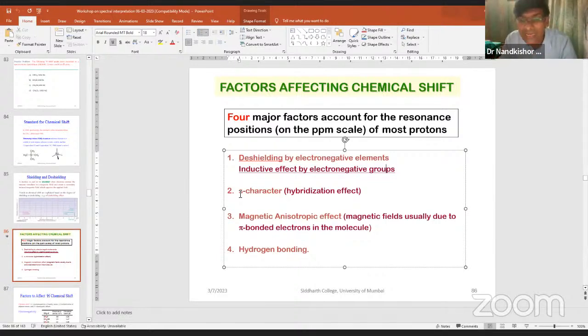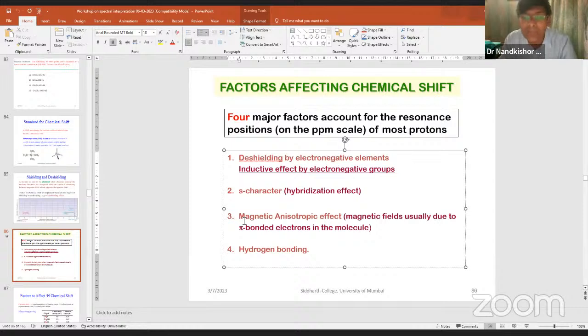Most of these triple bond containing compounds, like acetylenic compounds, are more acidic as compared to sp2 and sp3 hybridization. So this is one thing. The electronegativity is directly related to the S character, but this will have a reverse effect, we will see in a minute. The third one is magnetic anisotropy.